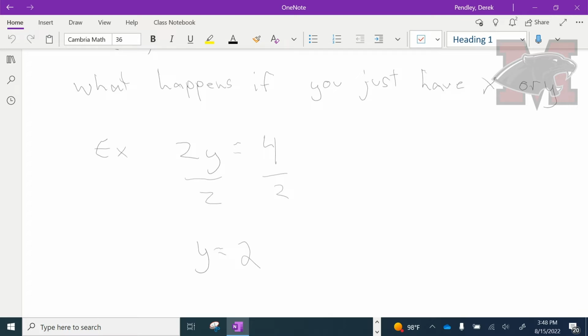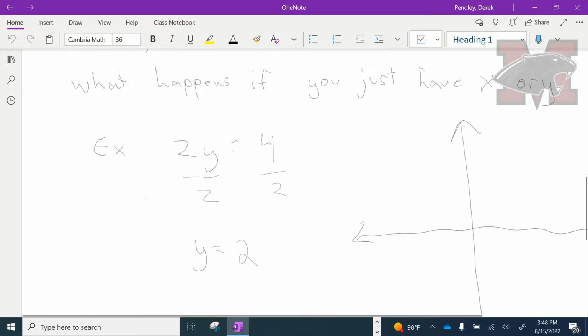So if I were to ask you, where are the points on a coordinate plane where y is equal to 2? So where is y equal to +2?